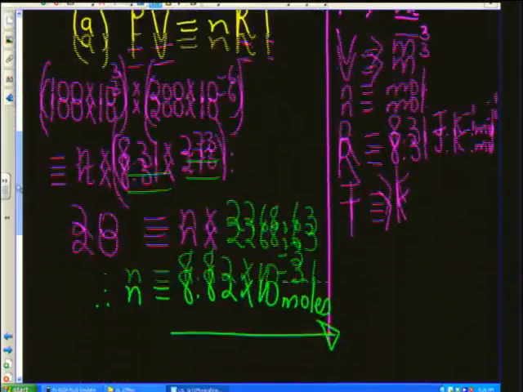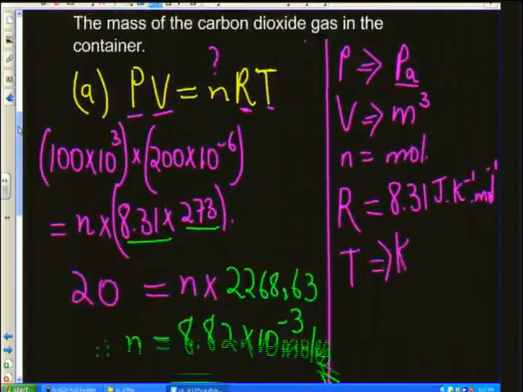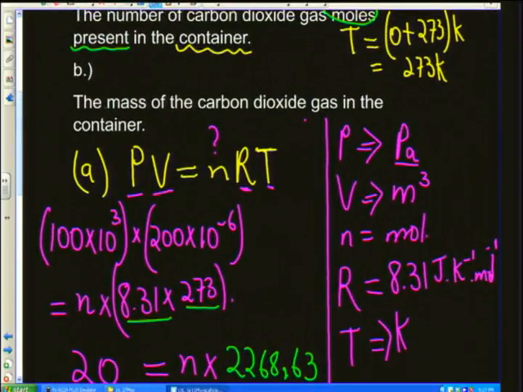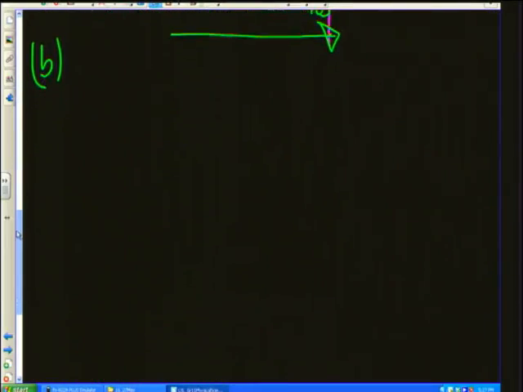Let's come to number B and see what number B wants us to do. Number B says, calculate the mass of the carbon dioxide gas in the container. For me to get the mass, I have the number of moles of the gas from the gas equation. I need to move to the mass.